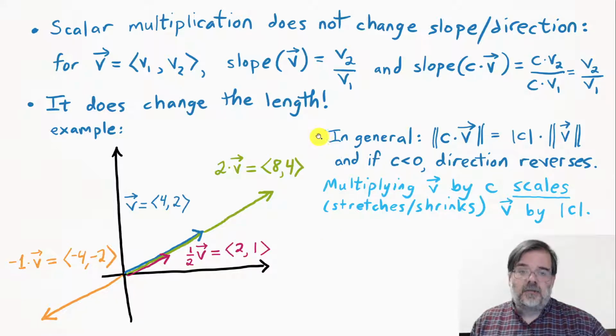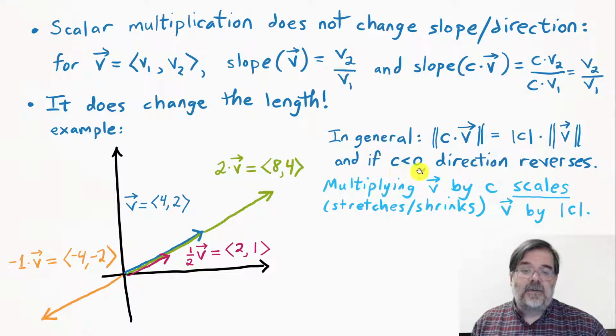So in general, when you multiply a vector by a constant, that's going to change the length. Remember, for the length of a vector, we use this double bar notation. The length of the vector c times v is equal to the absolute value of c times the length of the vector v.